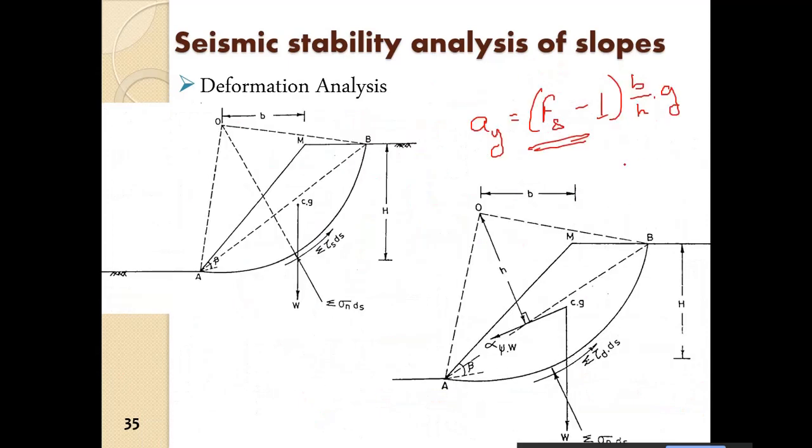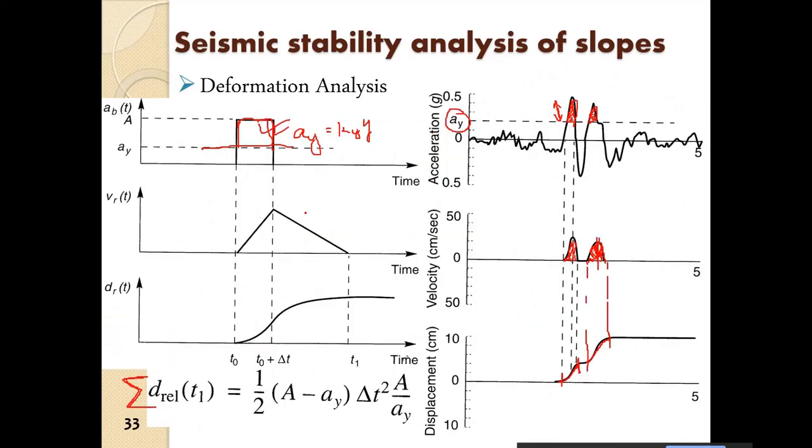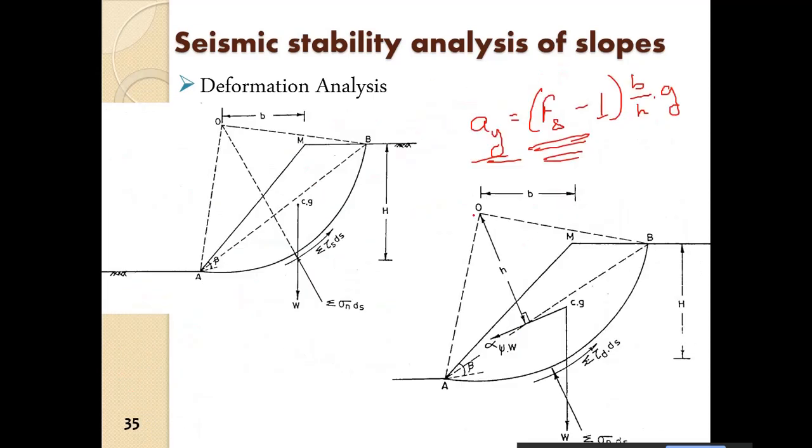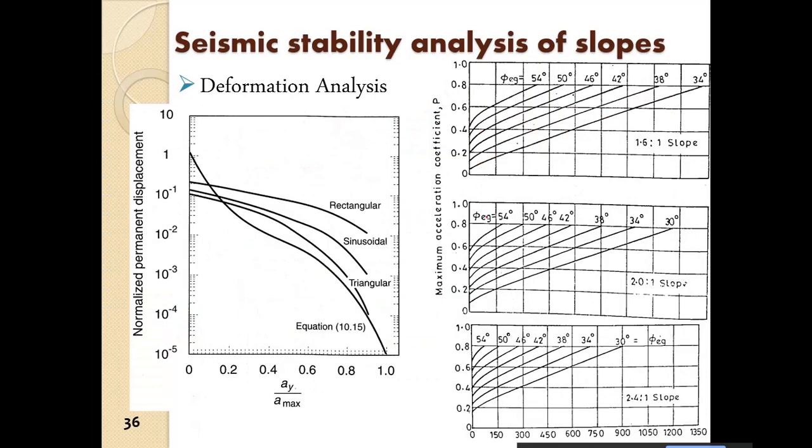In this case also we can express it as ay equal to fs minus 1 into b by h into z. Ultimately this ay will be used in this concept, and we will find out the relative displacement of the slope.